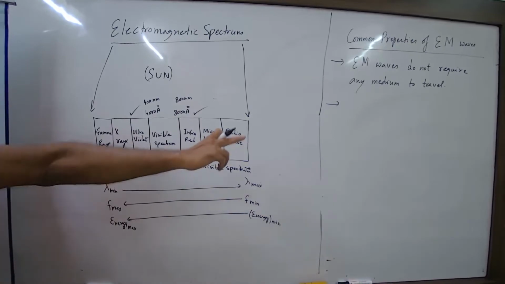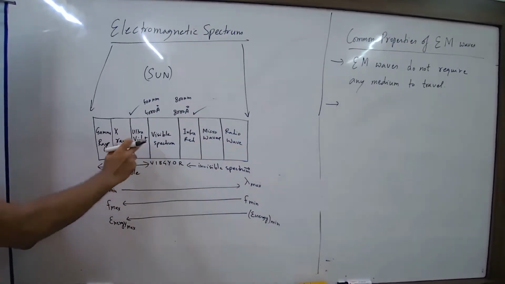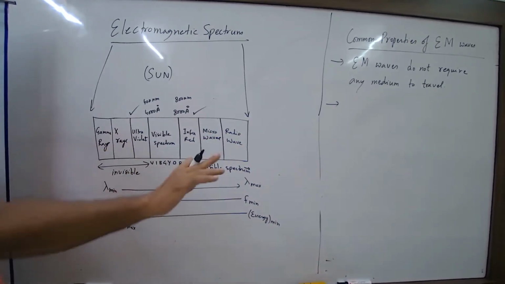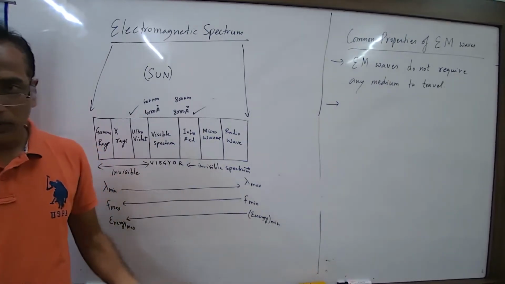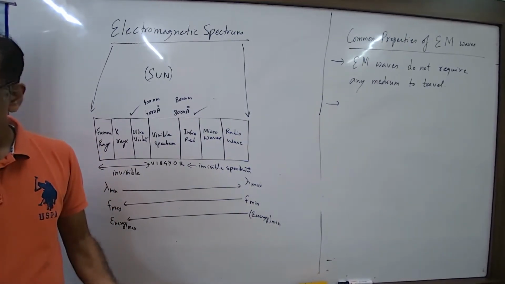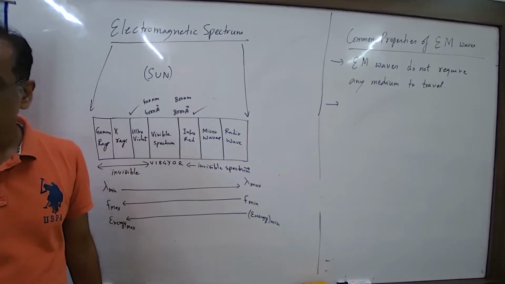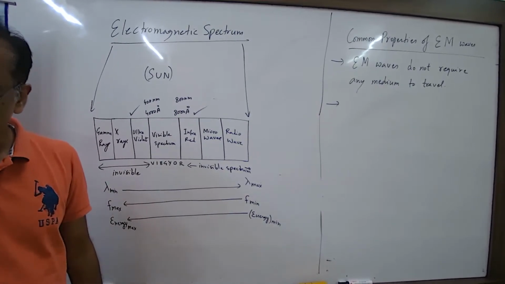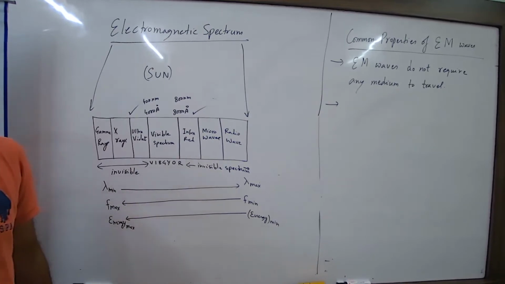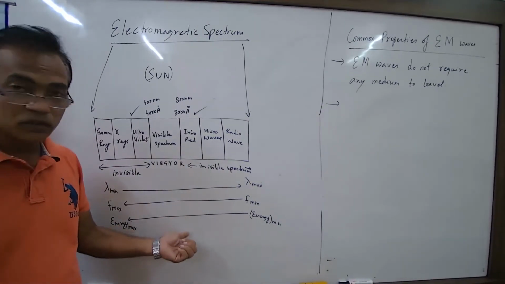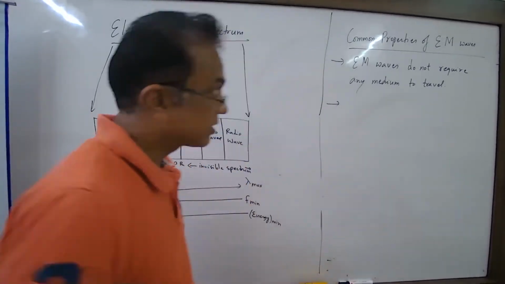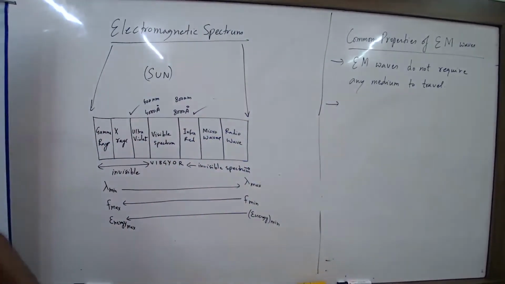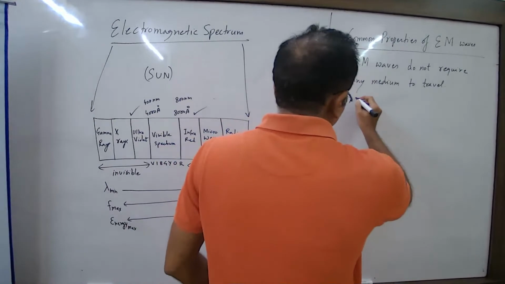All these waves, light wave, ultraviolet, can travel without medium. What if there is a medium? Can they not travel? They can. Light is traveling across the glass, so it can go through the medium also, right? But it does not need any medium for travel, unlike sound waves.